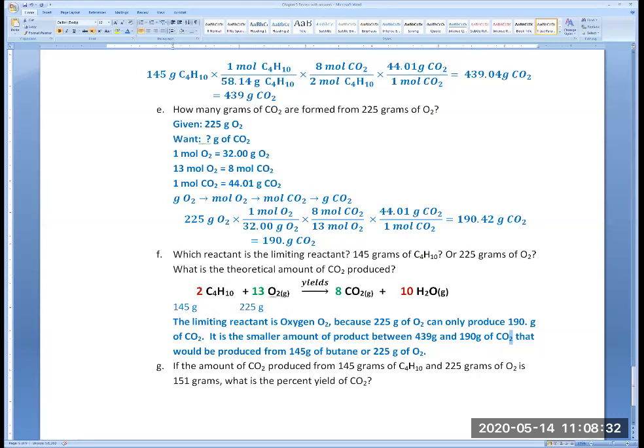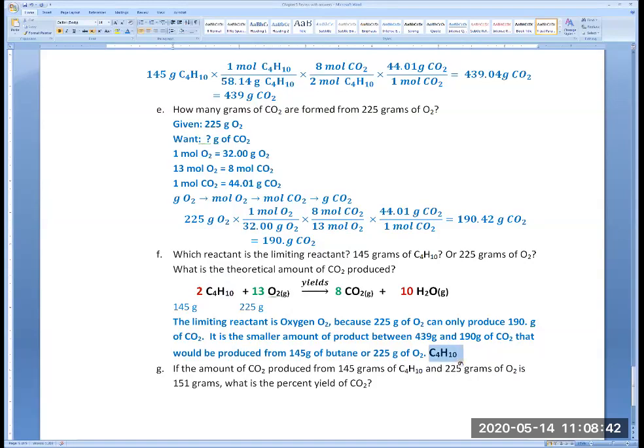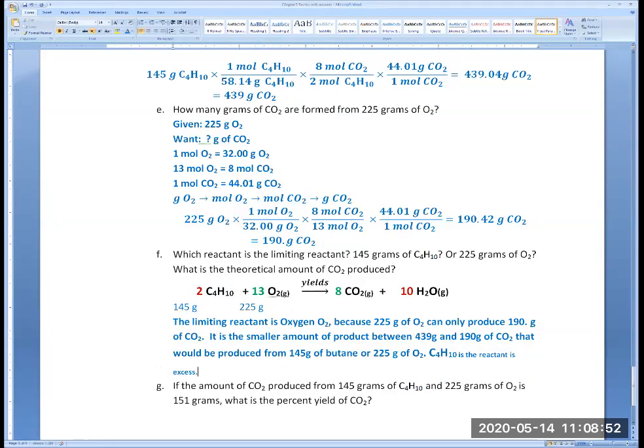So we say that C4H10 is the reactant in excess. We say that it's the reactant in excess because there will be some leftover.